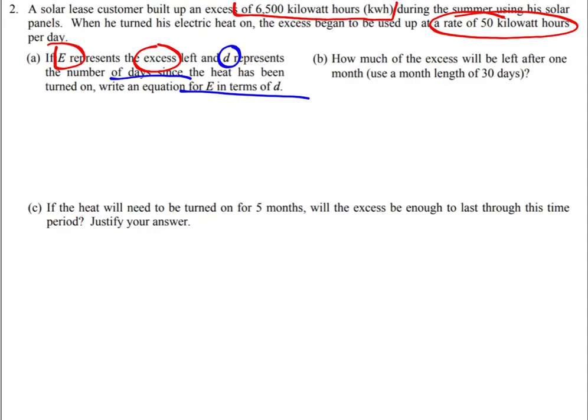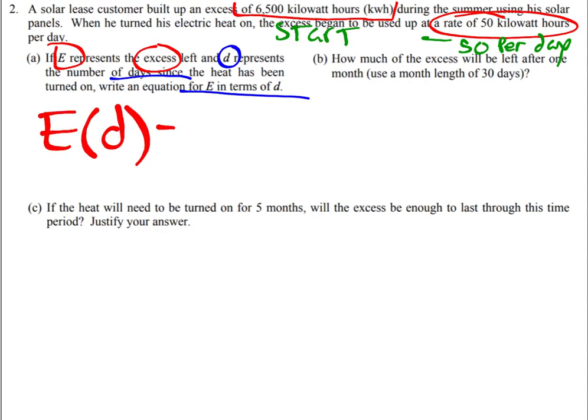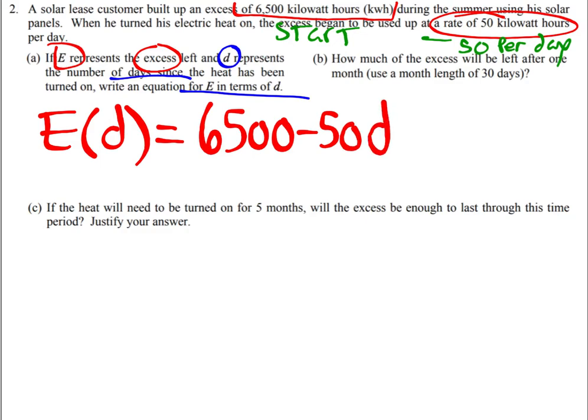Well, we know that at the start we had 6,500, and we're losing 50 per day. So I like to write this equation like this. The excess after D days is going to equal what I started at, 6,500, minus 50 every day.